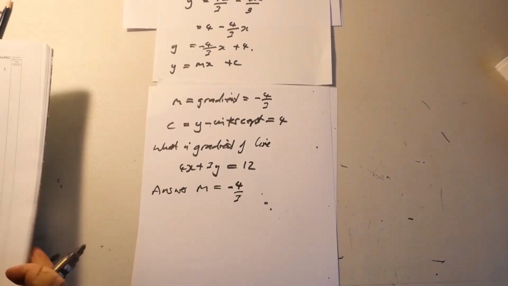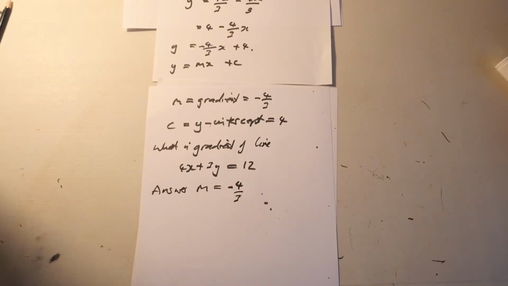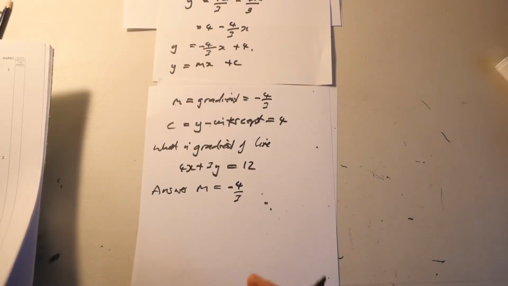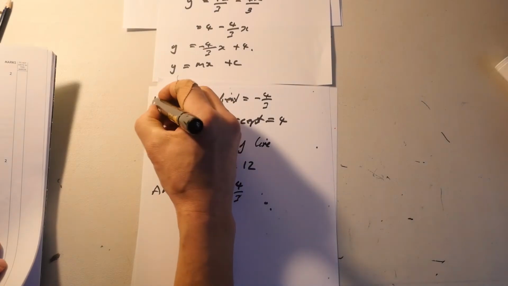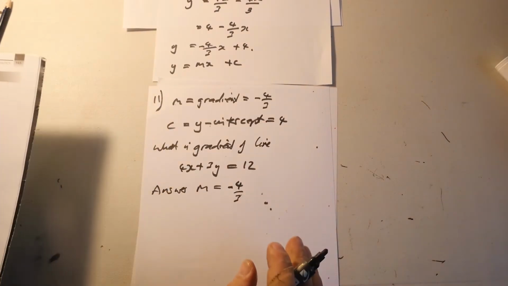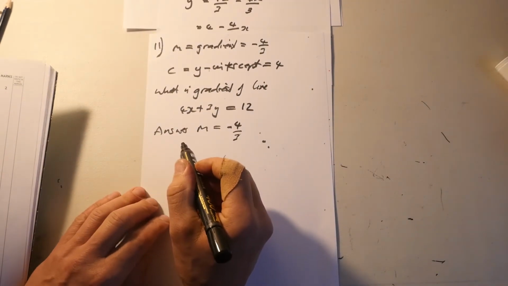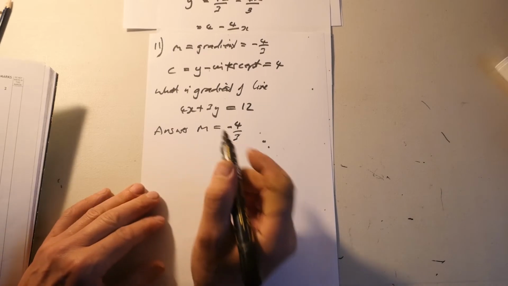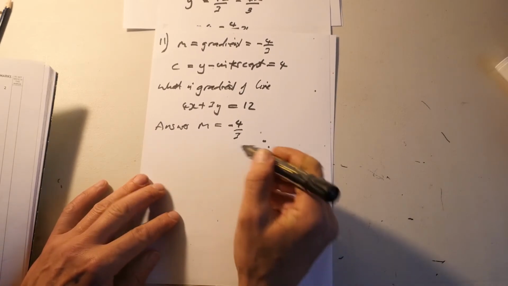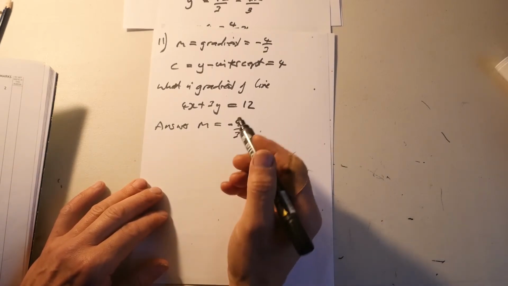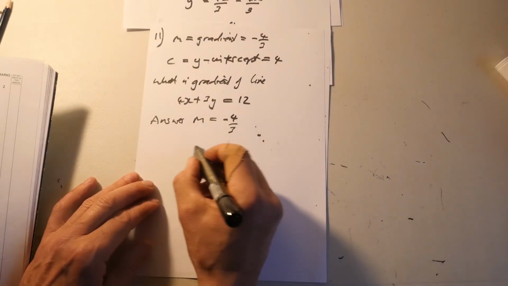This is problem number 11. So if I go to problem 11, it's minus 4/3. And then find the coordinates of the point where the line crosses the x-axis.